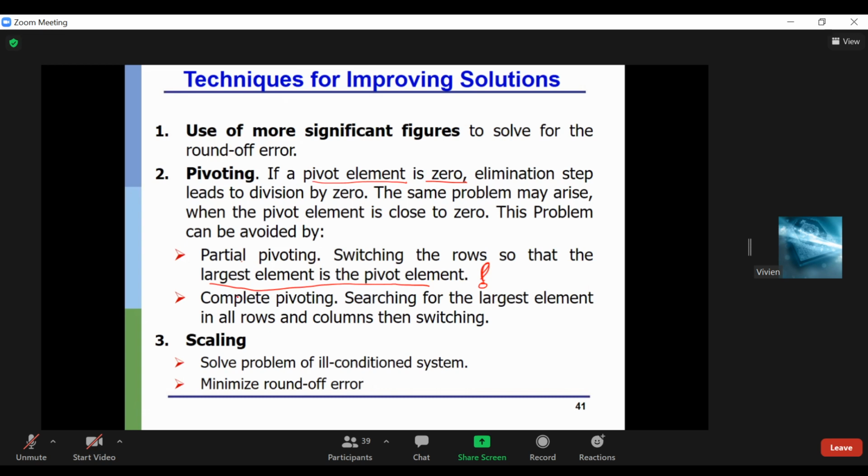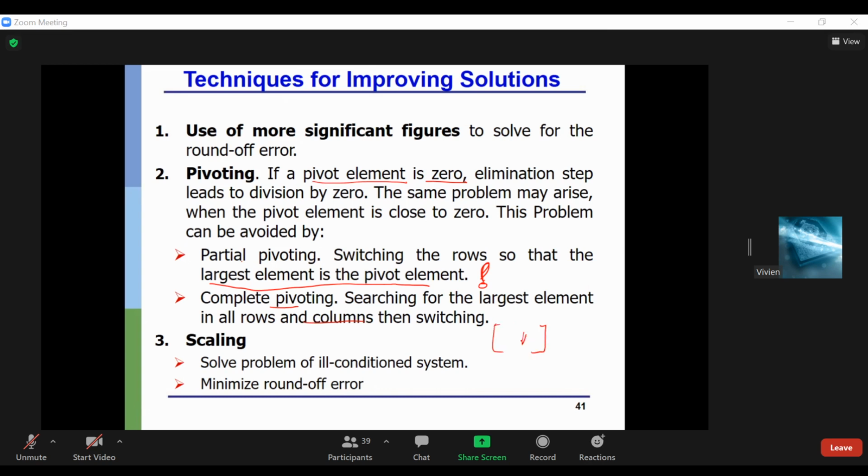Or we can also do complete pivoting. Aside from switching only the rows, we can also switch the columns, which is called complete pivoting. But this is not very common to be performed, because it adds complexity.